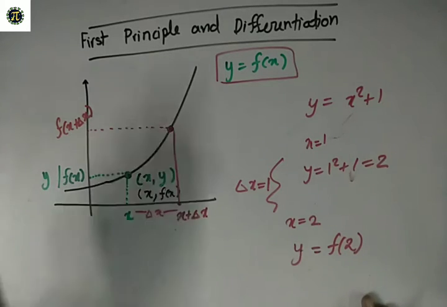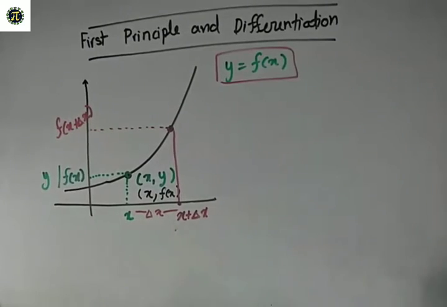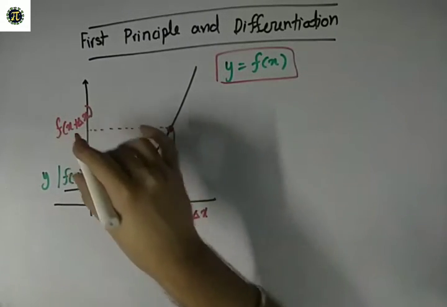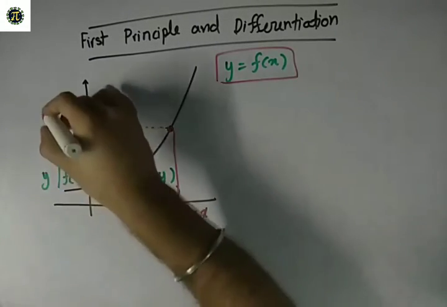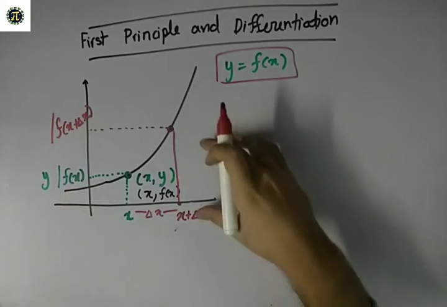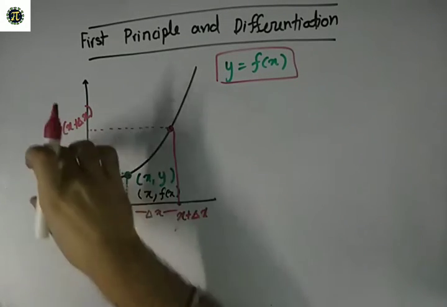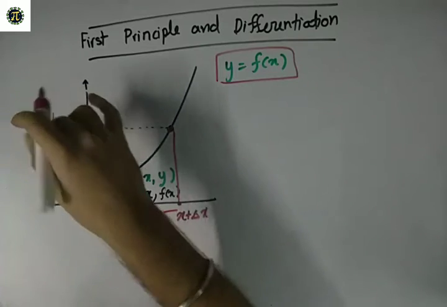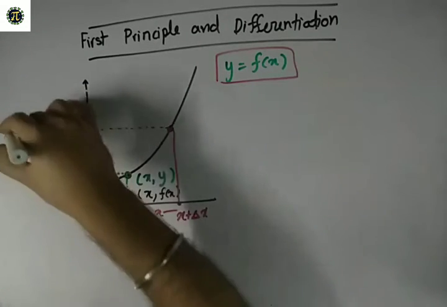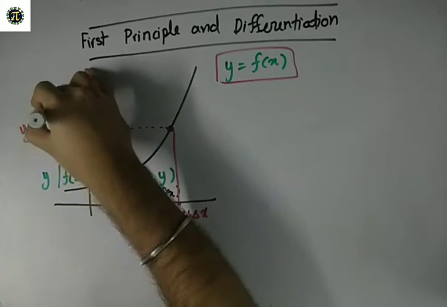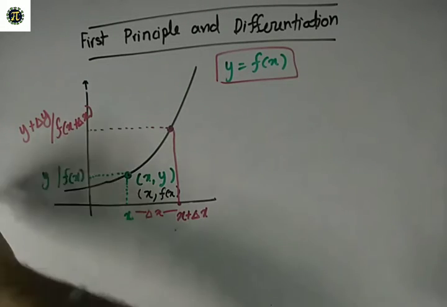So in this case, at x plus delta x, the value of this function will be f of x plus delta x, and with this small change in x, there is also some change in y, and I have reached a point y plus delta y. So let's see what I want to do with that.